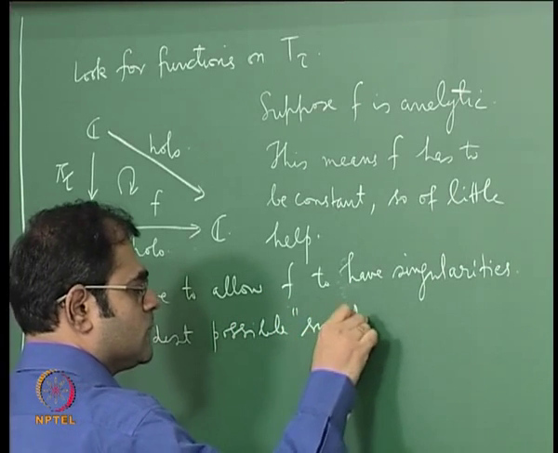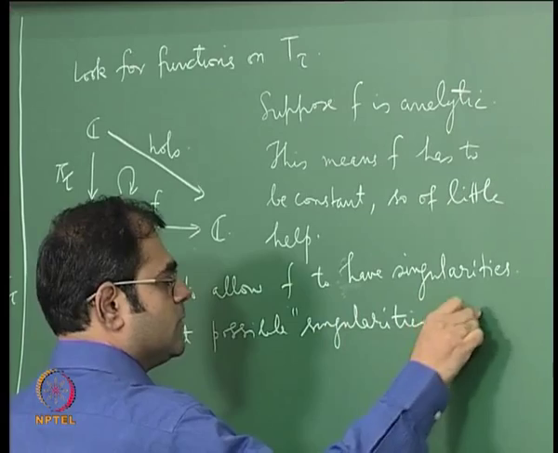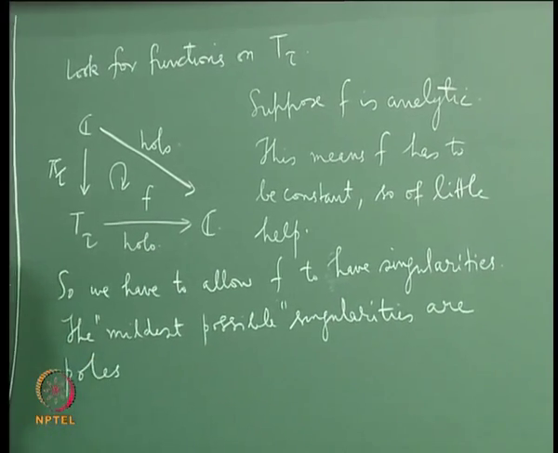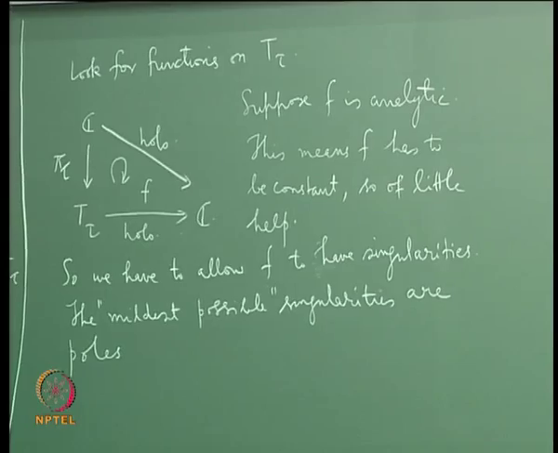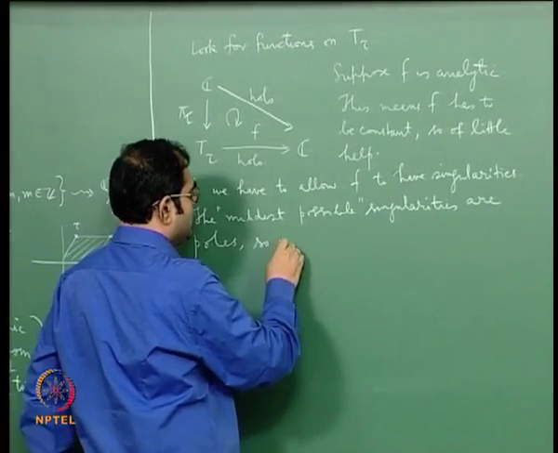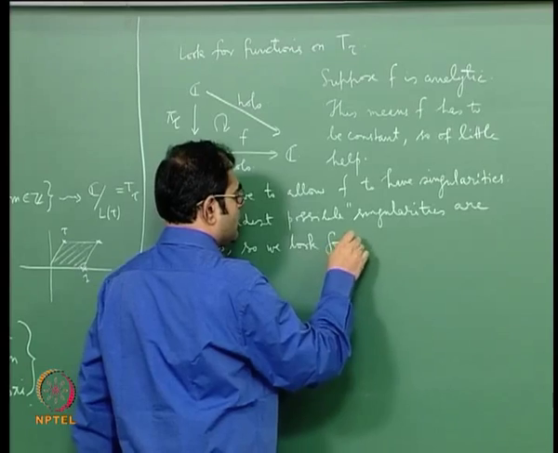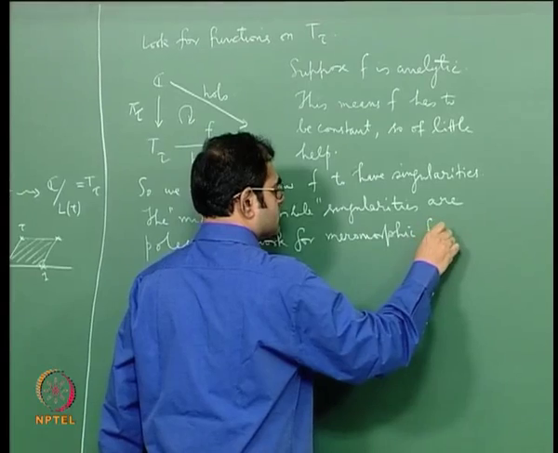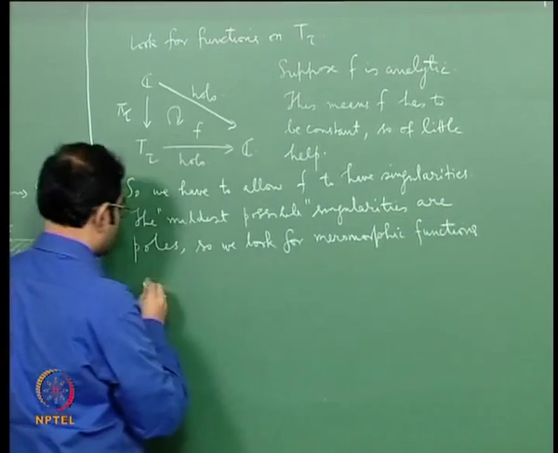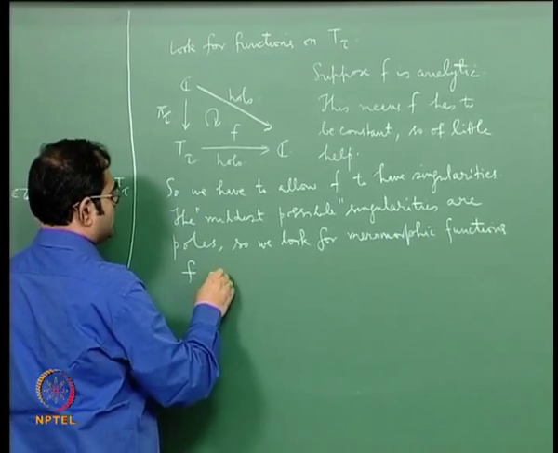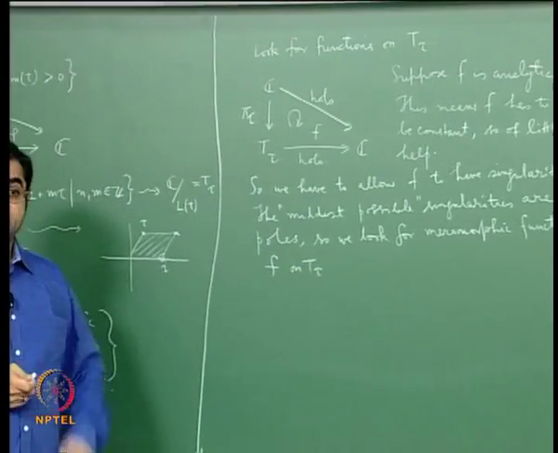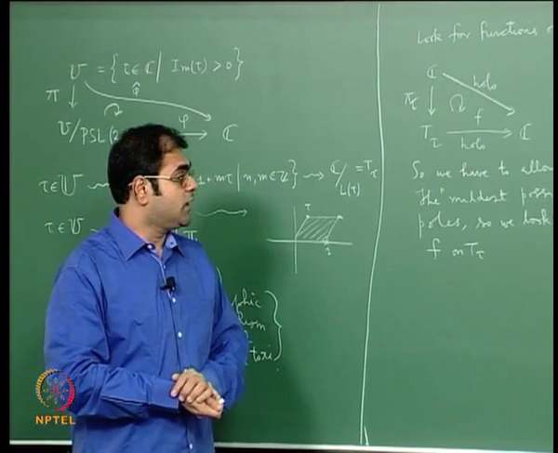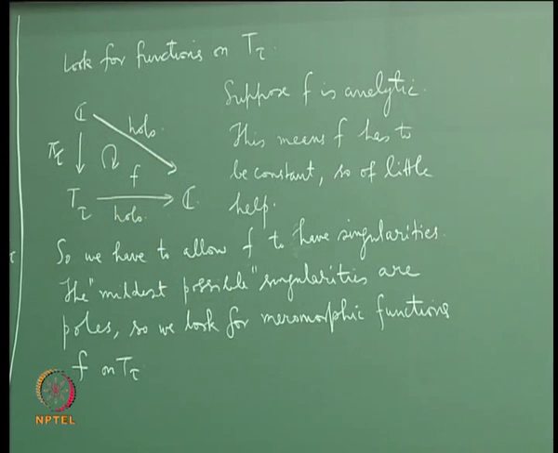The mildest possible singularities are poles, and so we look for meromorphic functions f on the torus. What are meromorphic functions? Meromorphic functions are functions which are analytic at all points except for a subset of isolated points where this function has only poles.